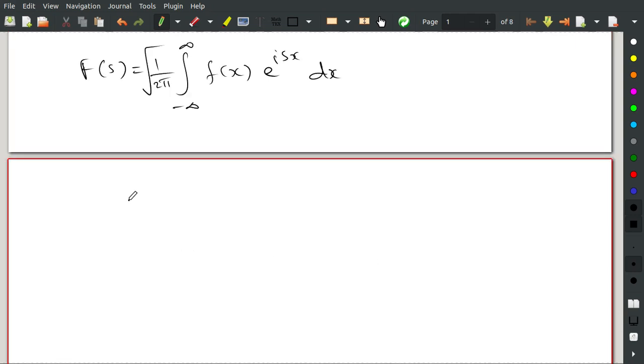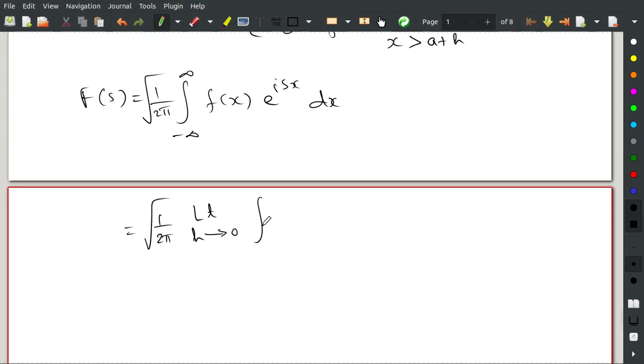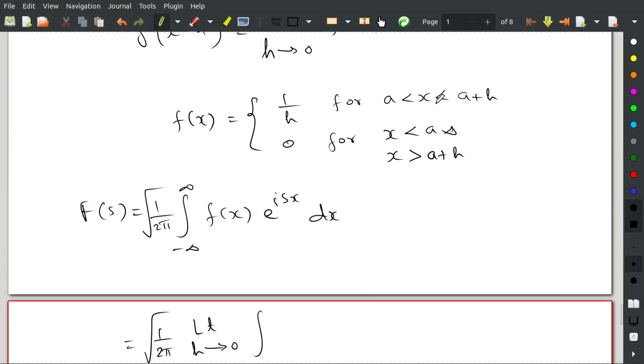Therefore, if we substitute our f of x, we have root 1 by 2 pi, and we have the limit h tends to 0, integral, and our x exists only in the range a to a plus h. For all other values, our f of x is 0.